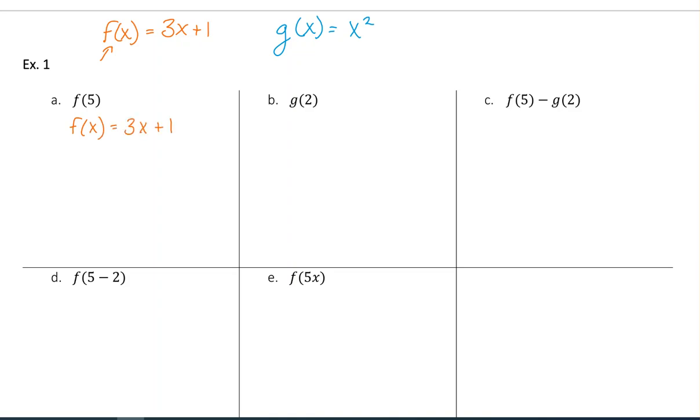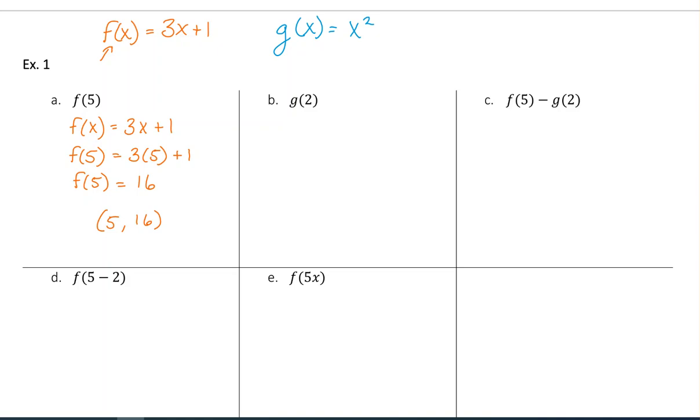It wants to know if I substitute 5 in, so I'm going to write f of 5 equals 3 times 5, plus 1. 3 times 5 is 15, plus 1 is 16. So f of 5 is equal to 16. If you wanted to list it as a point, it'd be (5, 16).